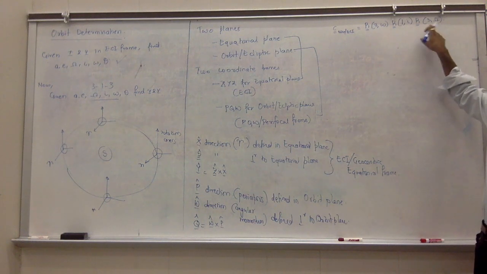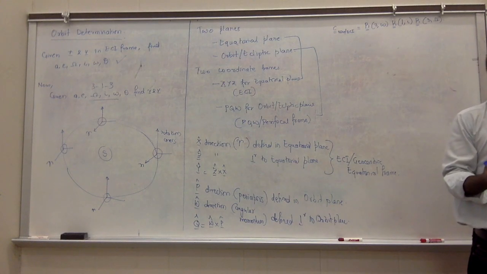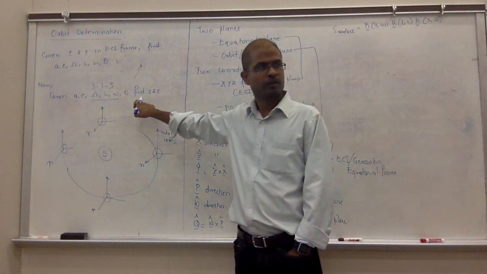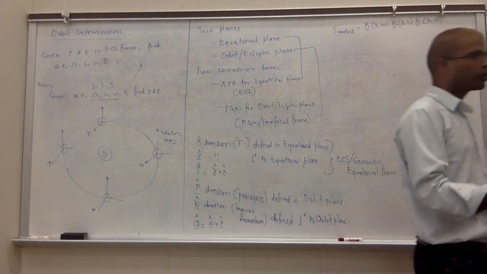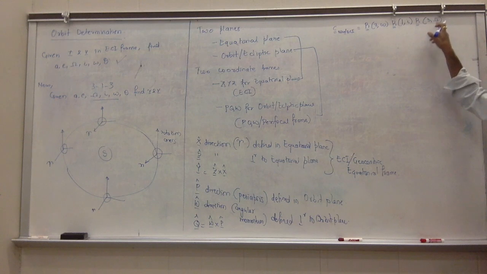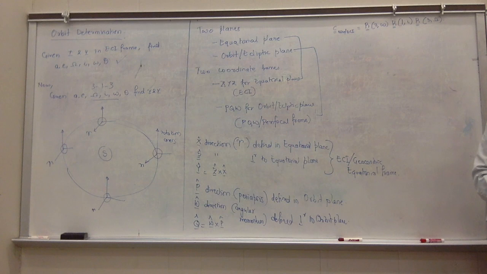These angles, cap omega, i and small omega, there is something common here you should notice. These are also the orbital elements, right? At the same time, the same orbital elements will take you from the ECI frame to the orbital frame. So my question on the 3-1-3 was, if this is the equatorial frame, you rotate about Z, you're still inside the equatorial frame.